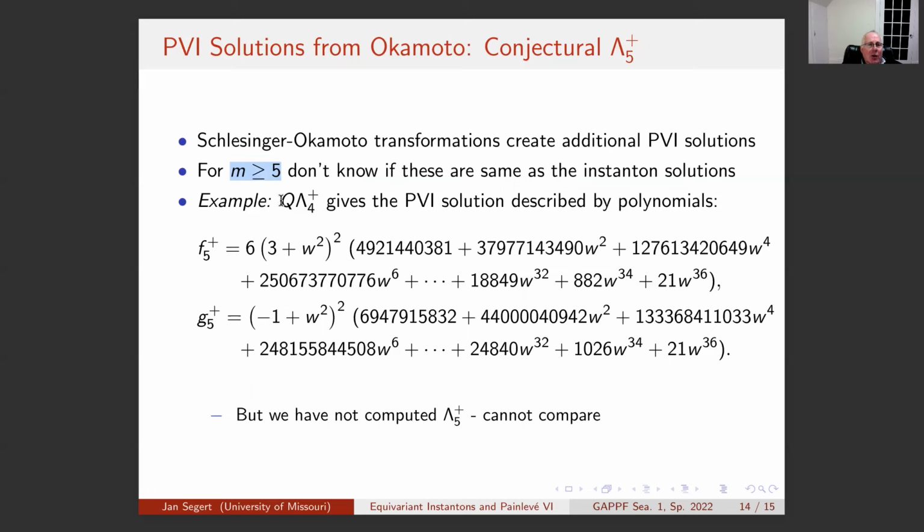And let's give an example. This one I computed explicitly, also can be gotten by creation operators from the 0, 1 by hitting with Q 4 times. And if you hit it once more with Q, you get a new PVI solution, which is described by the polynomials. I had to truncate them because they're very high degree, just to show that they're computable.